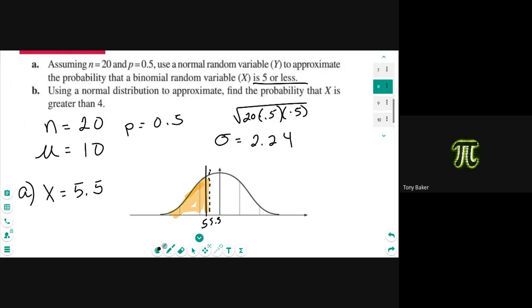All right, so that's my X, so find my Z. So we got negative 2.01.